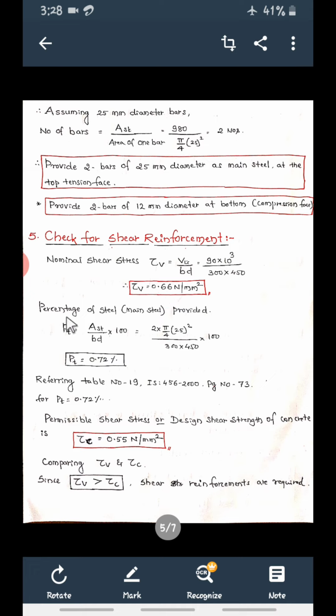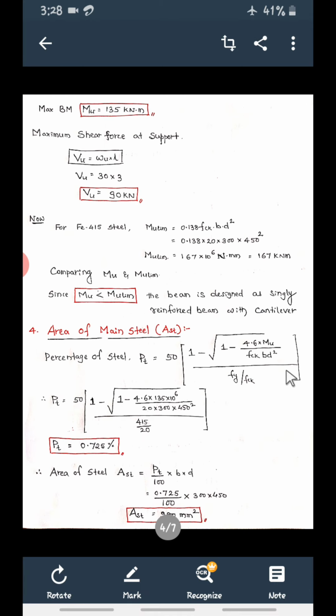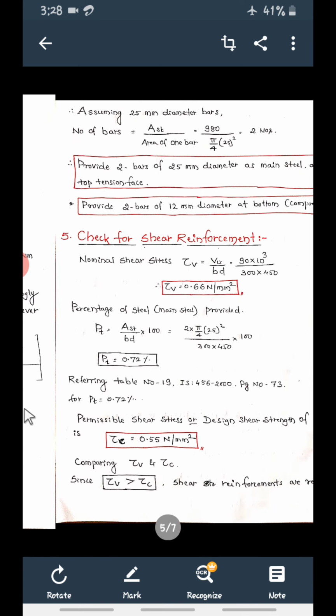Then percentage of steel, the main steel, you have to see. How much percentage of steel are we providing? Percentage of main steel provided, that is PT is equal to Ast upon bd into 100. That formula you have to remember.